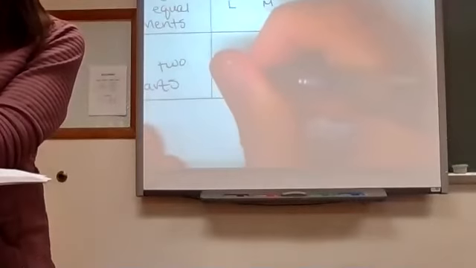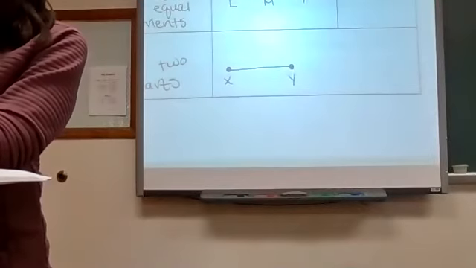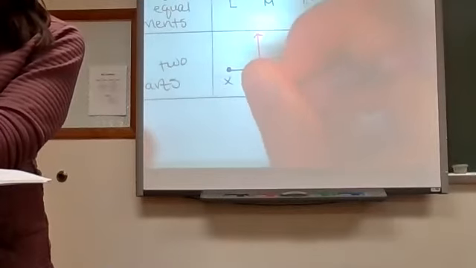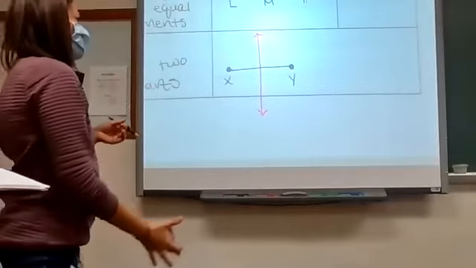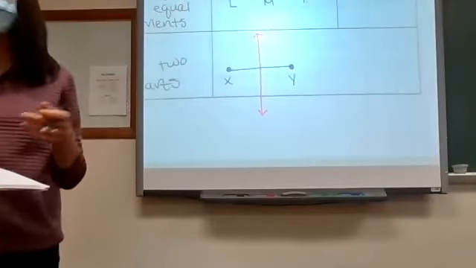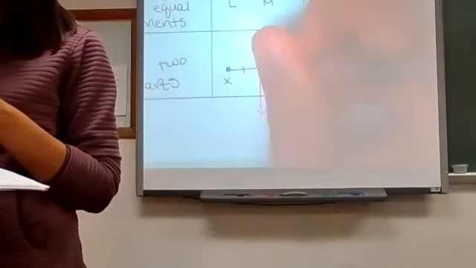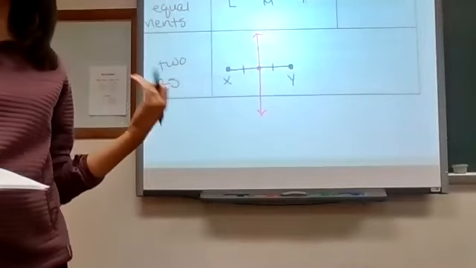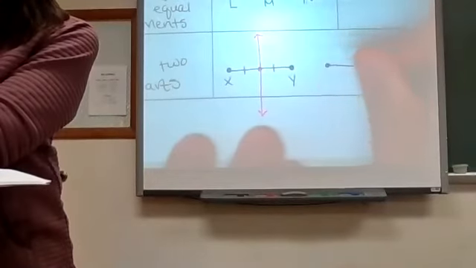So if I had a segment XY, the segment could be bisected by a line going through it, actually cutting the segment in half. That line's going through the middle and cutting it into two equal parts. Or a segment could be cut by a ray, or a segment could be cut by another segment.